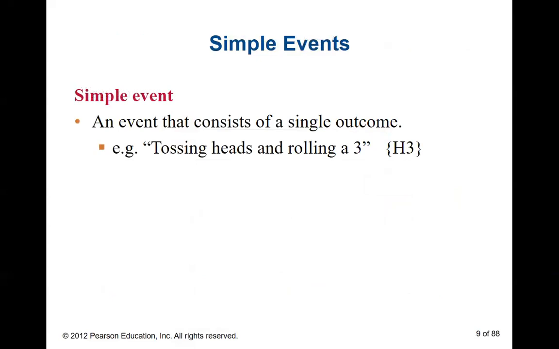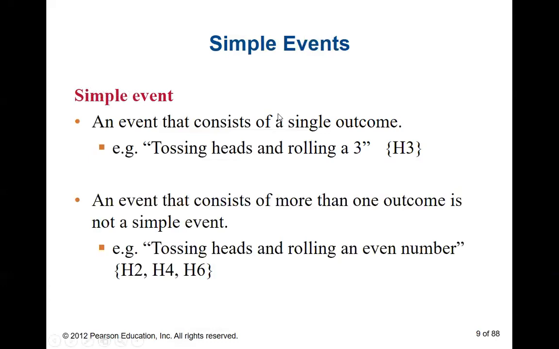But suppose I wanted to calculate the probability of tossing a heads and rolling a 3. There's only one way that happens out of the list of 12 outcomes, right? So that makes it a simple event, because there's only one way it happens. But if there's more than one outcome, it's not a simple event, because maybe I want to know the probability of tossing a heads and rolling an even number.